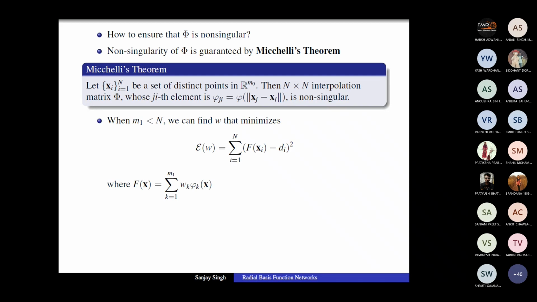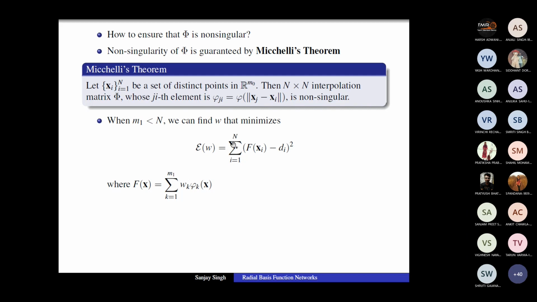Now, of course, we'll see some other aspects of this Micchelli's theorem as well. Now, when this m1, that is the number of dimensions in the hidden space, is less as compared to the total number of data points, then we can find w that minimizes this error. We can find.